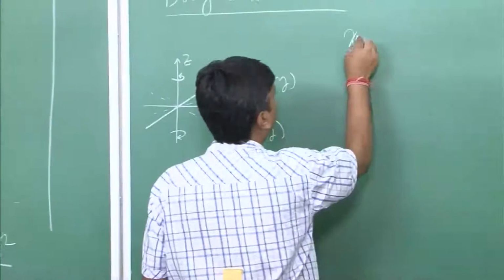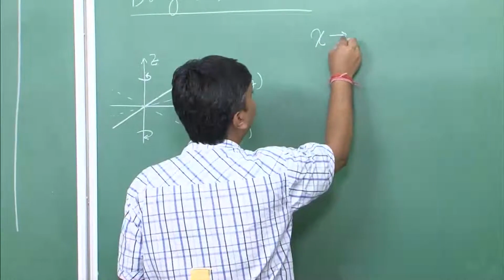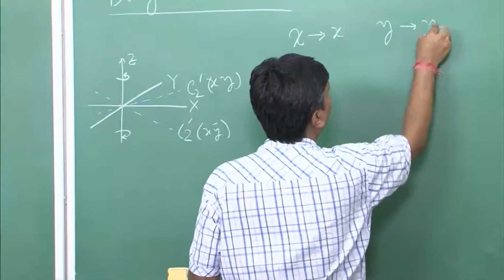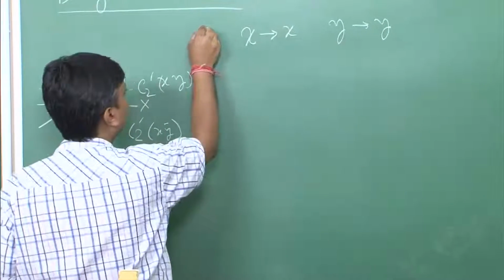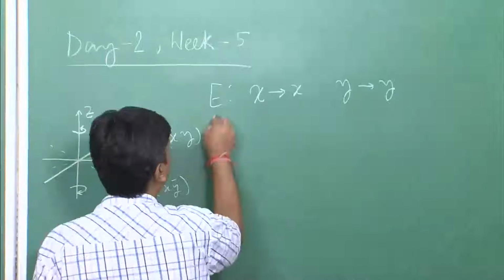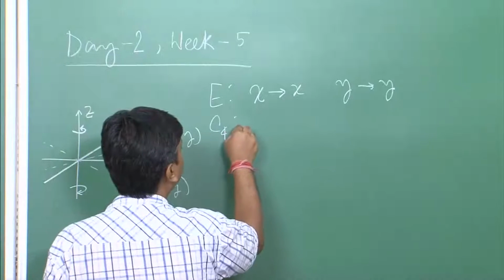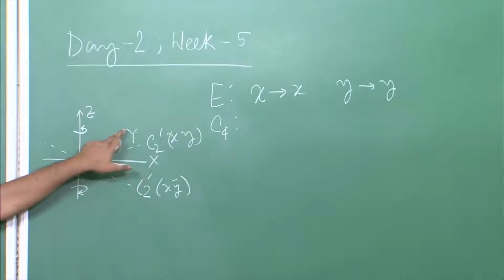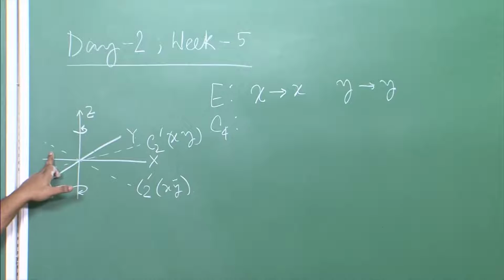So upon E, x remains x and y remains y. So this is for E. So for C4, what happens? C4, x becomes y and y becomes minus x, right?